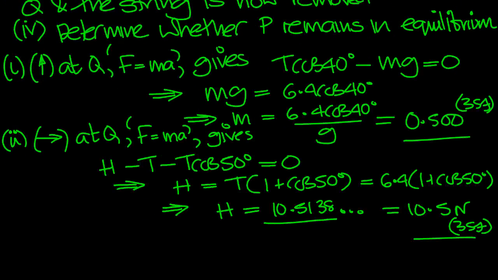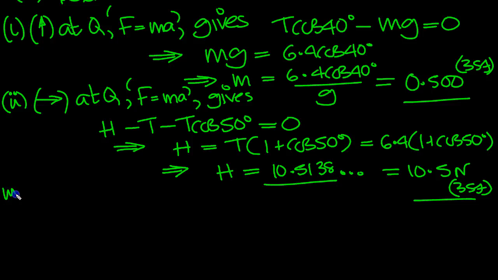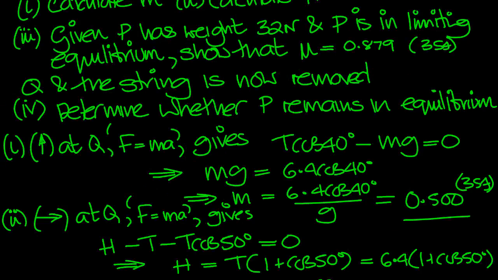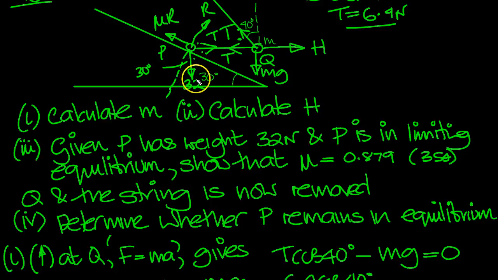And resolve the forces, part 3. So let's resolve them perpendicular to the slope at P. F equals ma then. That gives our reaction force R plus T cos of this angle.